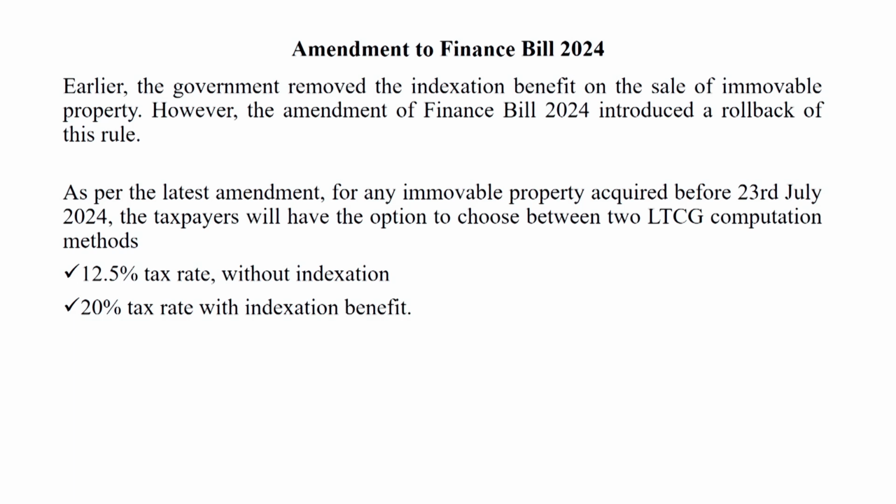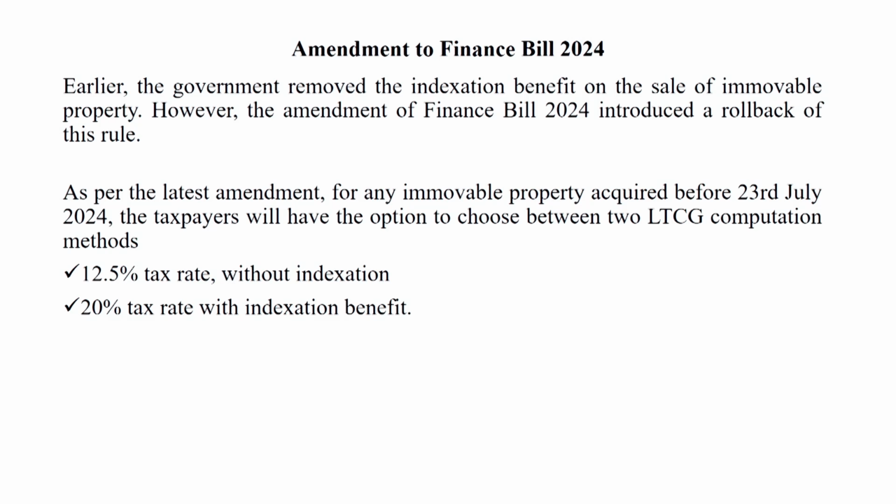As per the latest amendment, for any immovable property acquired before 23rd July 2024, when the government presented the Finance Bill under the budget on 23rd July 2024, the taxpayer will have the option to choose between long-term capital gain computation methods.